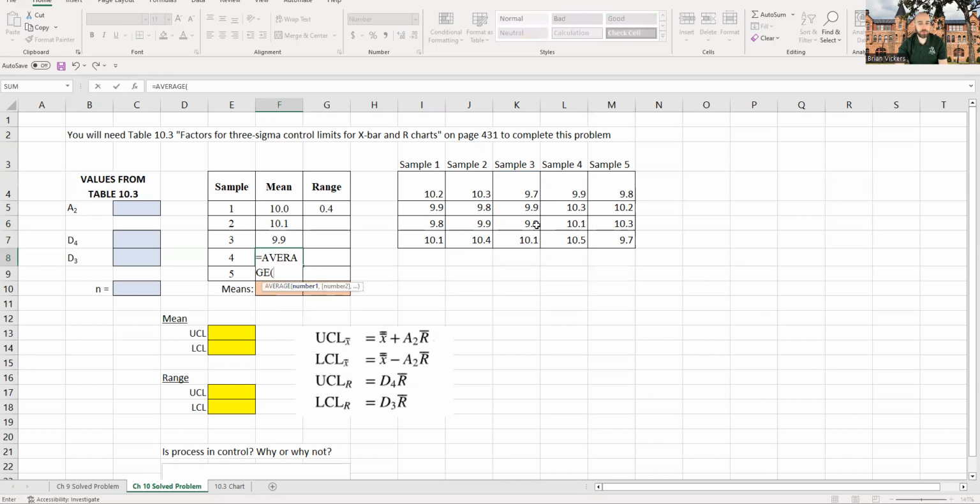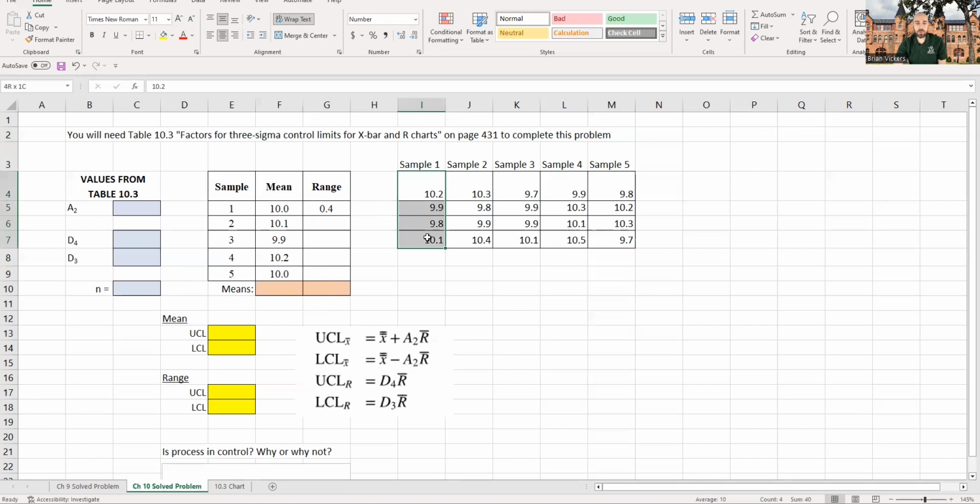And again, for most of your work, this is going to be done already for you, but I want you to see where these numbers come from and why this is called X double bar. So X double bar would say, this is the mean of your samples.